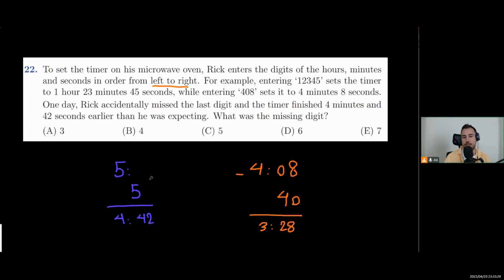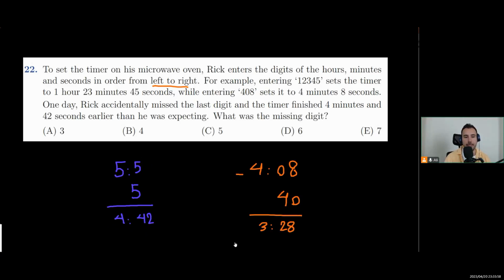So let's try. It's up to us. For example, let's go if it's 5 and 50. So this would be 55. If I minus these two, I'll get 4, which is a good thing. But I'll get 55 seconds, which is too much. So this is too large.